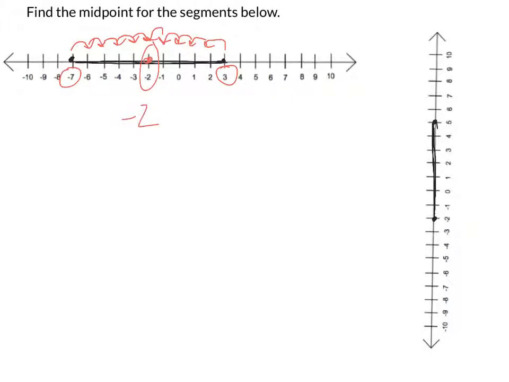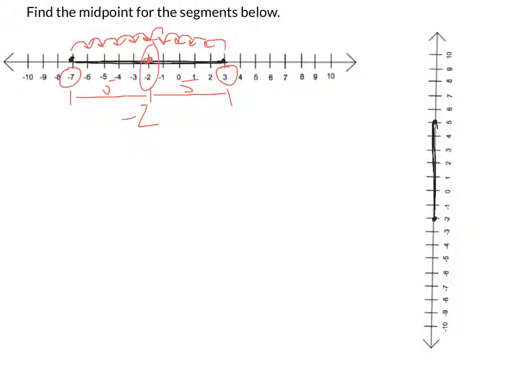And that's halfway between. And we can test this. From -7 to -2, that's a length of 5. From -2 up to 3, that's a length of 5. Okay, so indeed -2 is directly in the middle. How else could we have found that to be -2?